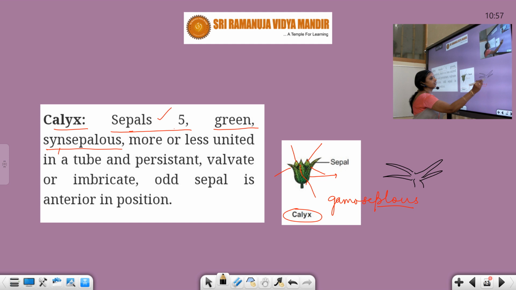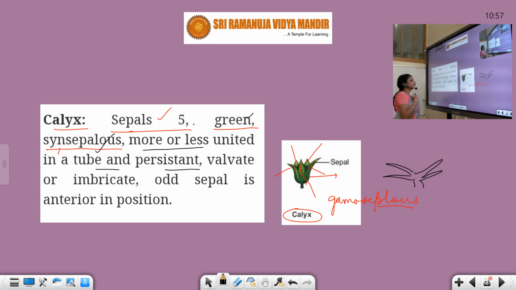But here you can see all the sepals are fused, united. So gamosepalous. So sepals 5, green in color, synsepalous or gamosepalous, more or less united in a tube-like form, and persistent in some. And aestivation is valvate aestivation.